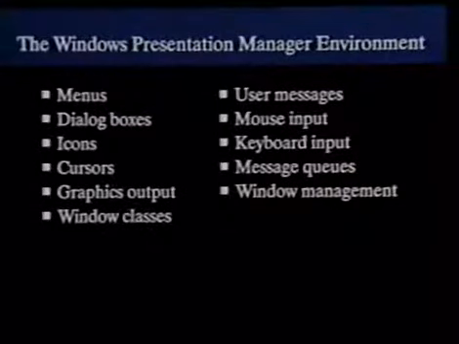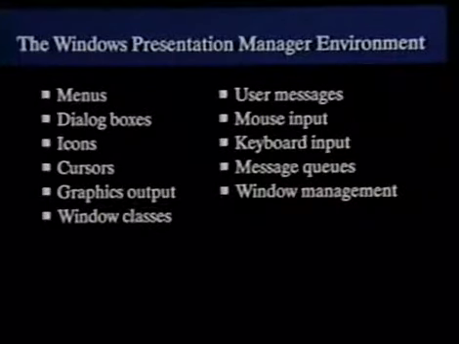As the mouse moves around on the screen, you'll get a representation with the cursor, but it also responds to the clicks and the position of it on the screen. We have message queues, and I'll go into that in more detail. This is the method that the system, the Windows Presentation Manager system, uses to communicate with your application. And we'll look at that. And then in addition, since windows can be moved around on the screen, there's a certain degree of window management that is available within the system.